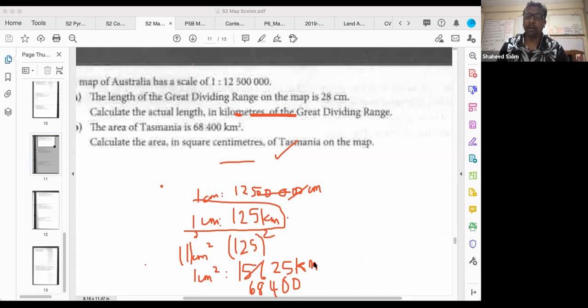The number you need to times by is 4.352. So do the same. Times by 4.352, and your answer is 4.352 square cm. That's your answer.